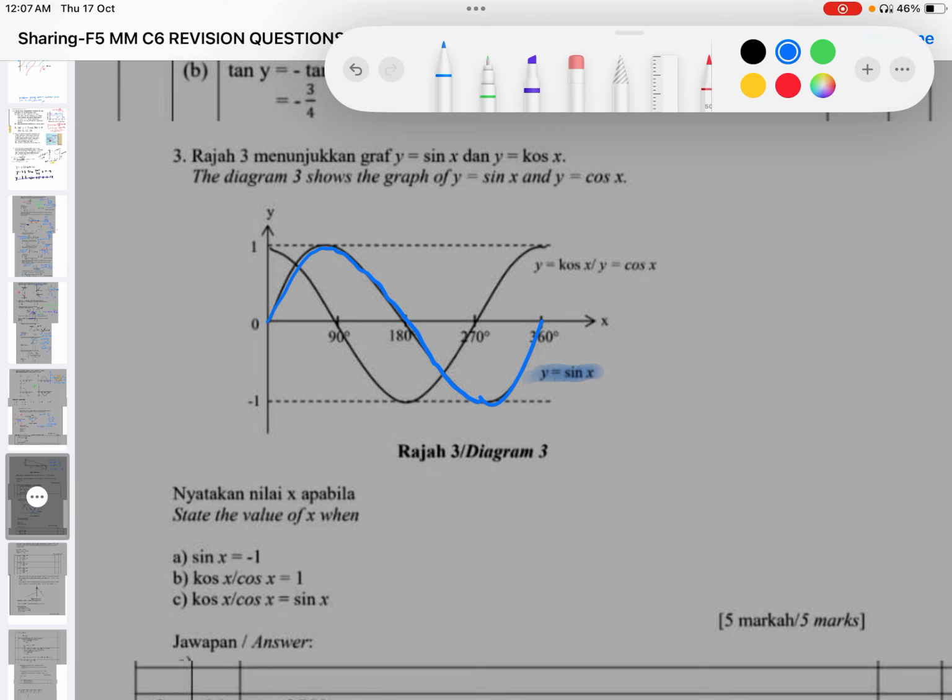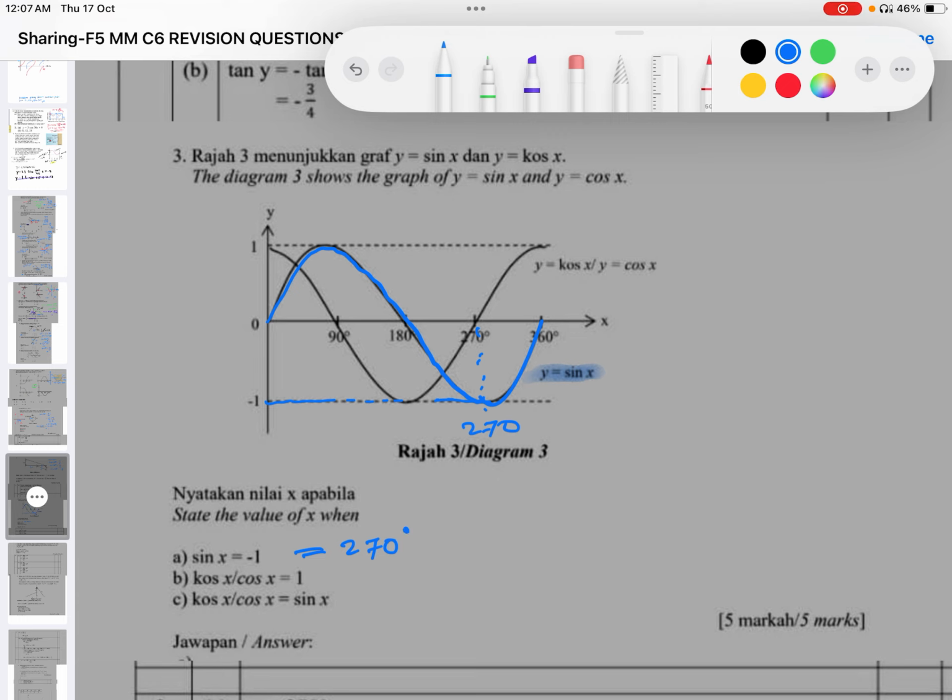So the value of sine x when it's equals to negative 1, we'll see here is the angle. So it's going to be 270 degrees.